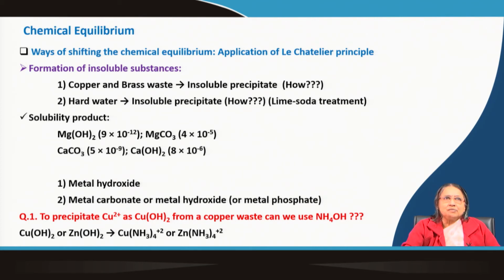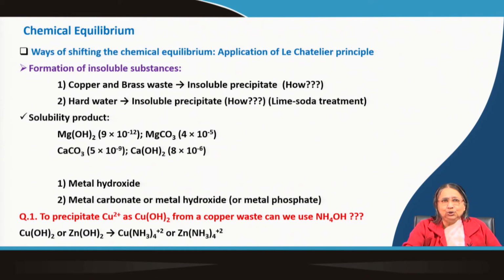Okay. But my question is that we can use NaOH, we can use KOH, that is fine, but can we use ammonium hydroxide, because we have already learned that ammonium hydroxide is also a base. Can we use NH4OH to precipitate copper as copper hydroxide?